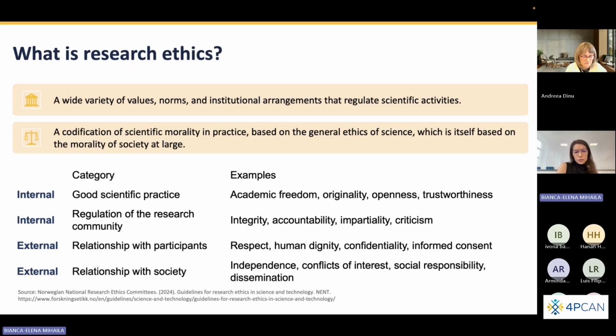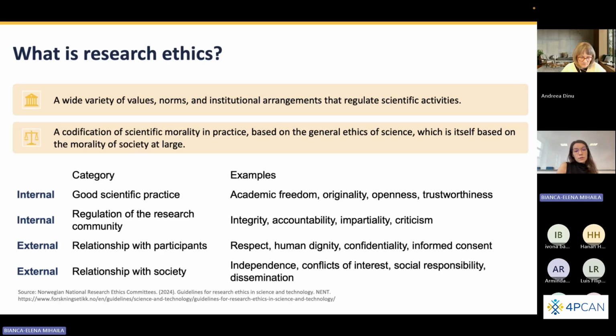There are a lot of research ethics committees. One of the most important is the Norwegian National Research Ethics Committee, which tries to categorize research ethics guidelines into internal ones and external ones.